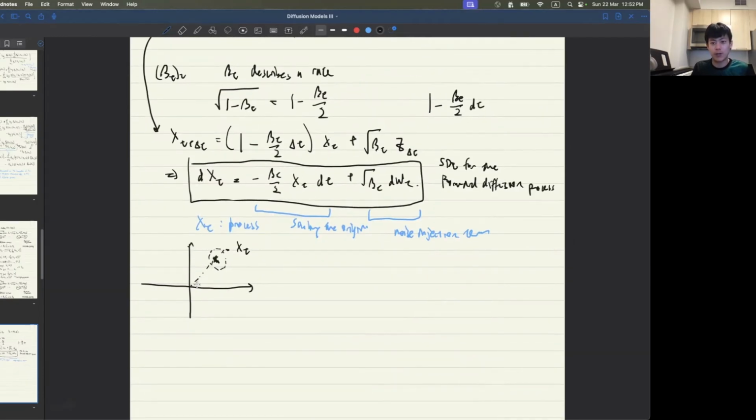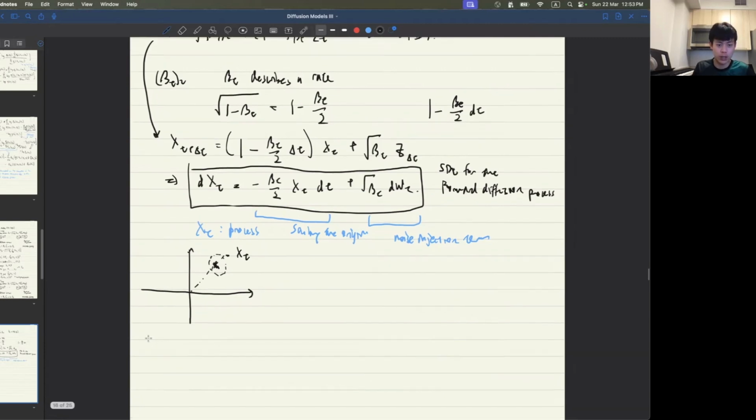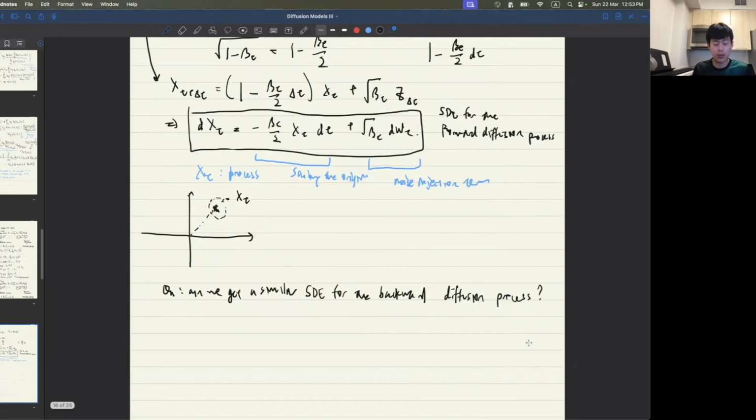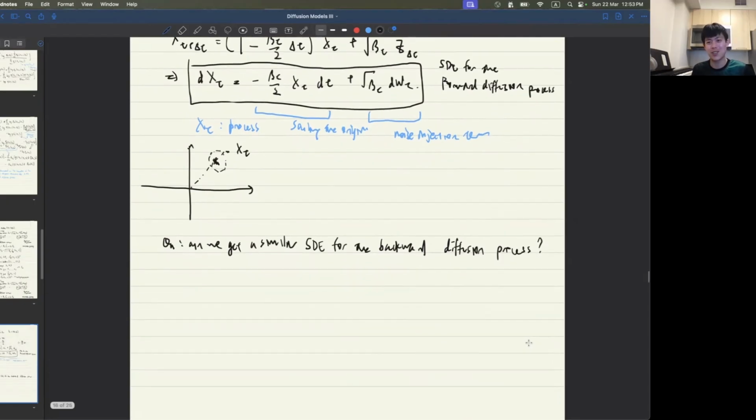Given that we have such a nice form for the forward diffusion process, I guess a natural question is, can we get a similar stochastic differential equation for the backward diffusion process? Based on what we have derived in our previous video, we know that it is not so easy.